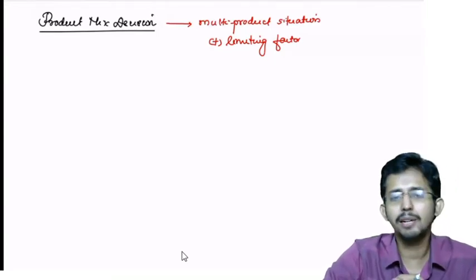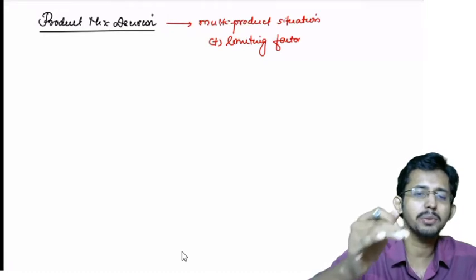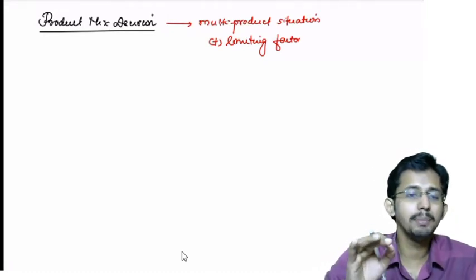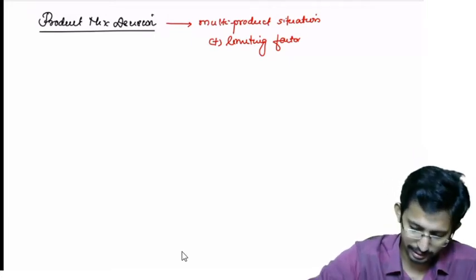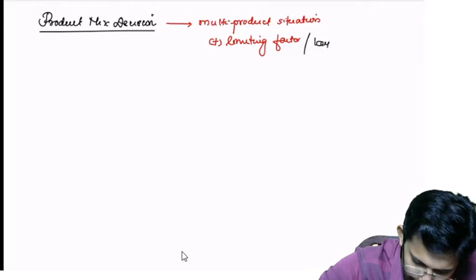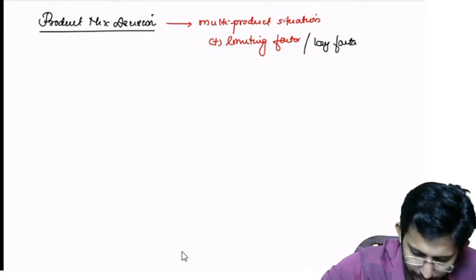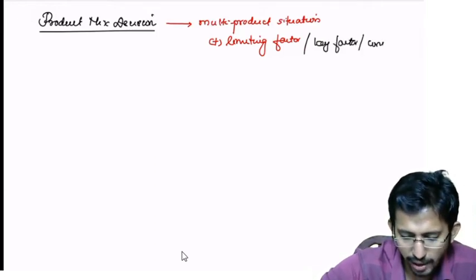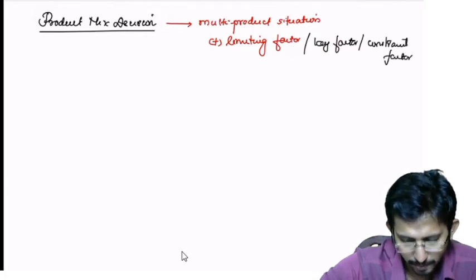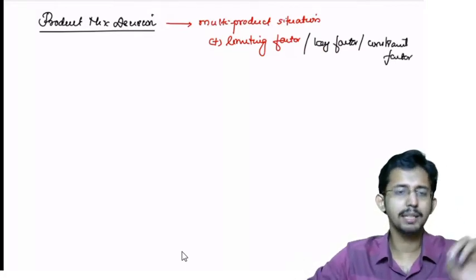That particular factor which acts as a constraint is what is known as a limiting factor, also known as key factor or constraint factor.